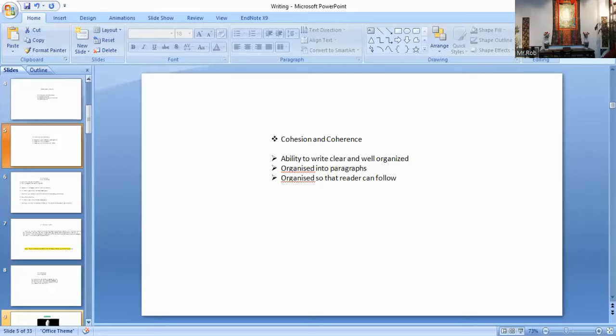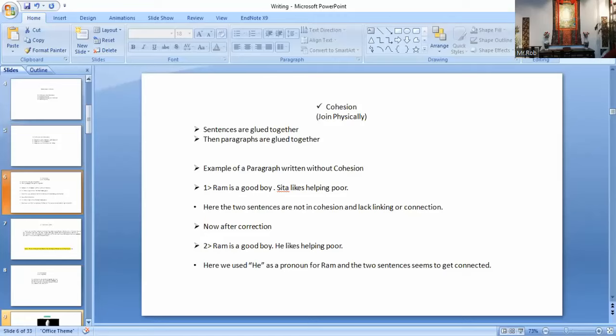The essays should be organized so that reader can follow. And let's start with cohesion. Cohesion means join physically. That means sentences are glued together. Then paragraphs are also made to stick together.